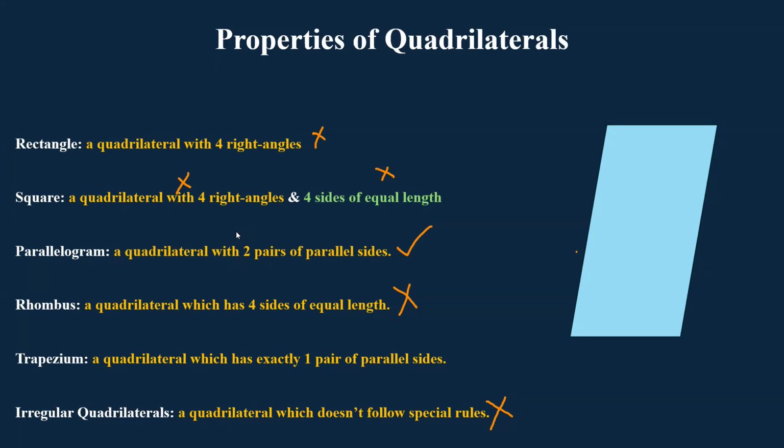But on this, each pair is parallel. Perfect. Good. And that's why we need to be careful, like Scarlett said there, with the word exactly. Trapezium doesn't have at least one pair of parallel sides. It has exactly one pair of parallel sides, and this has two. So it cannot be a trapezium. Therefore, its classification is a parallelogram.